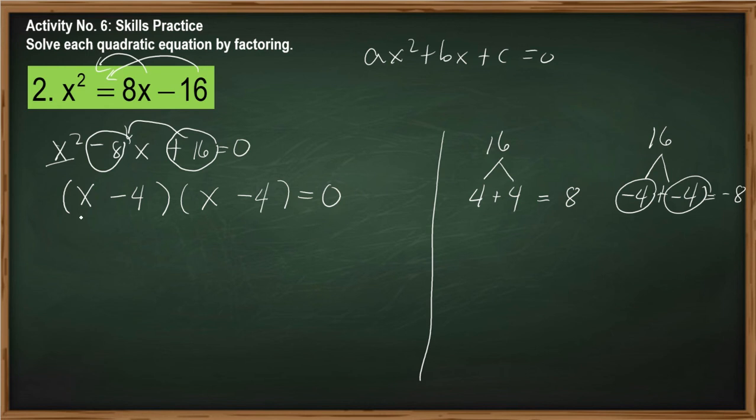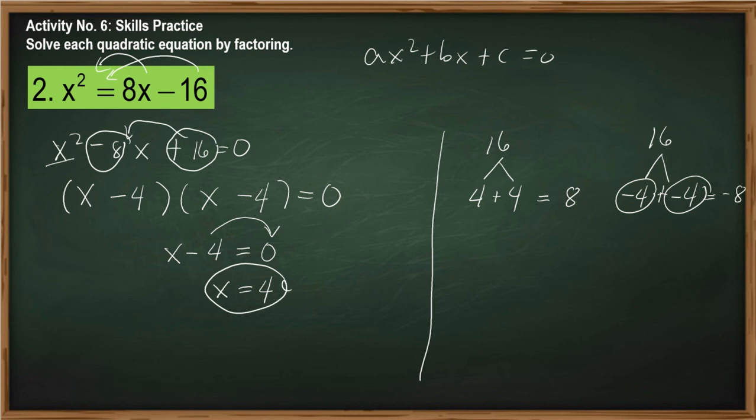So actually, magkapareho lang silang dalawa. Ibig sabihin yan, iisa lamang ang ating solution. So we can just equate one of the factors to 0, kasi pareho lang naman sila. And then, transpose this to the right side. So we only have one solution, and that is x equals positive 4.